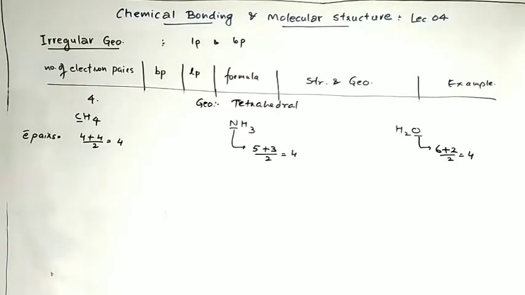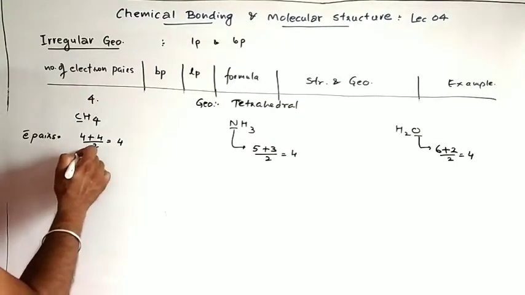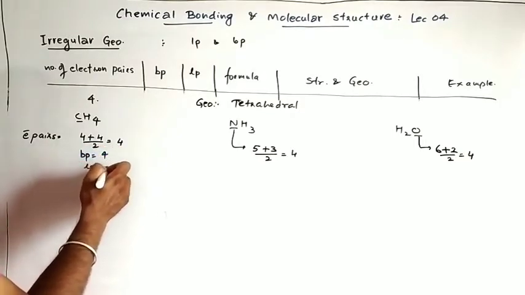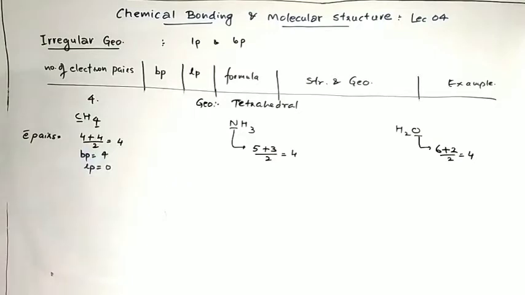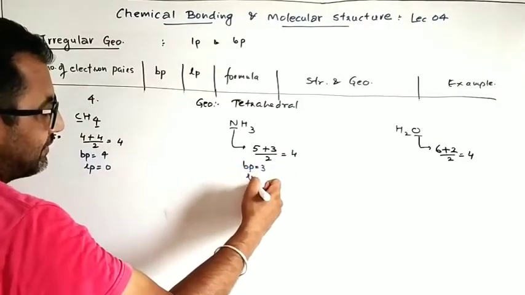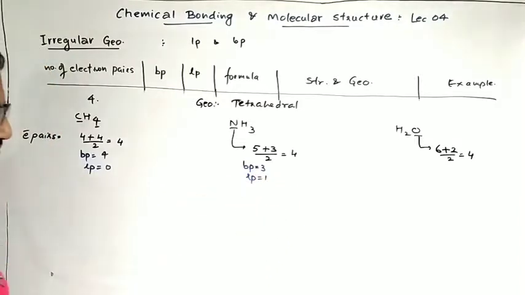Okay. Now let's move. Next is bond pair. Here are 4. Lone pair is 0. There are 4 atoms. Here the bond pairs are 3. Lone pair is 1.